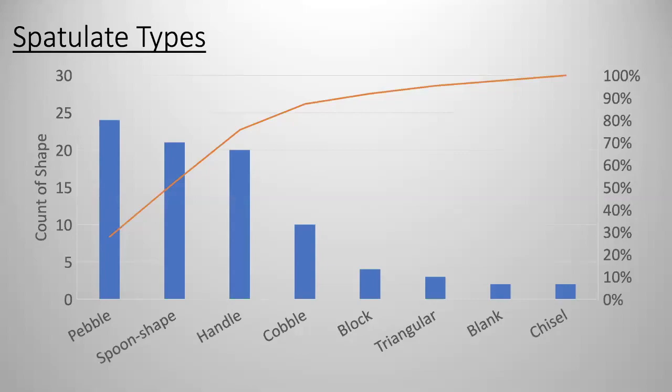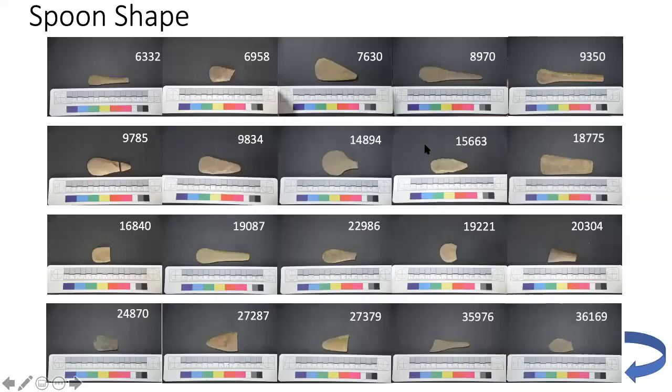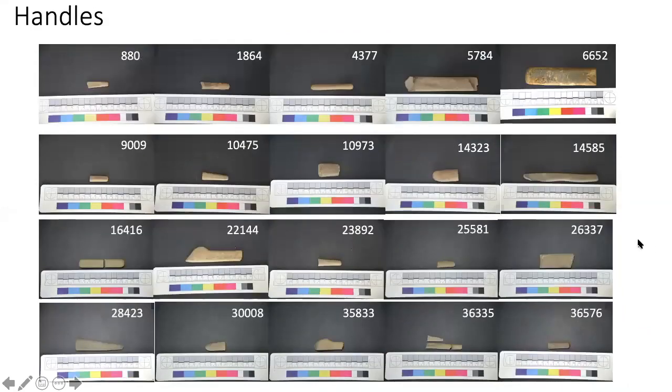So it was a little bit subjective, but I tried to take a look at the spatulate shapes and break them down into quantities for each shape type. If we look at the images here, we have spoon-shaped spatulas. You can see some of them are obviously spoon-shaped, some less so, and some fragments. Then we have the handle shapes.